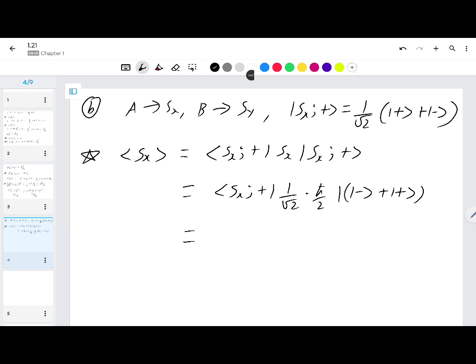So this will be 1 by square root of 2 times h bar 2 plus plus minus minus, h bar 2 is expected.